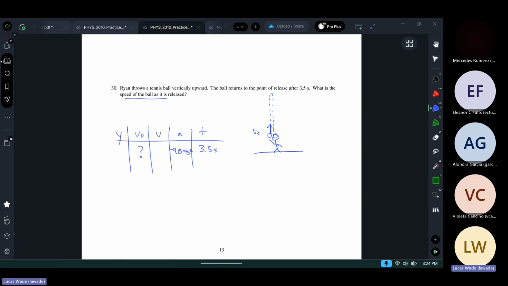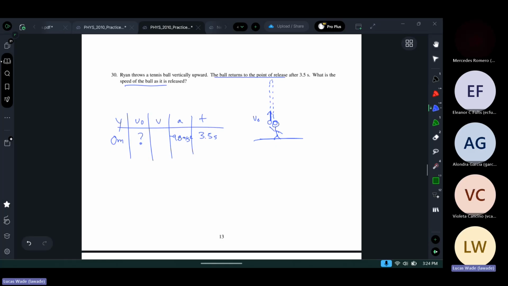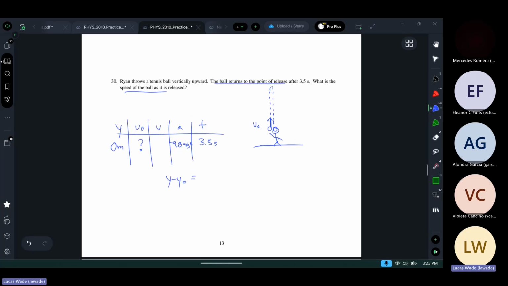What is strictly given is that the ball returns to the point of release. That means overall it had a displacement of 0. Yes, it went up, but it also fell back down, and it ended up back where it started. So 0 displacement overall.